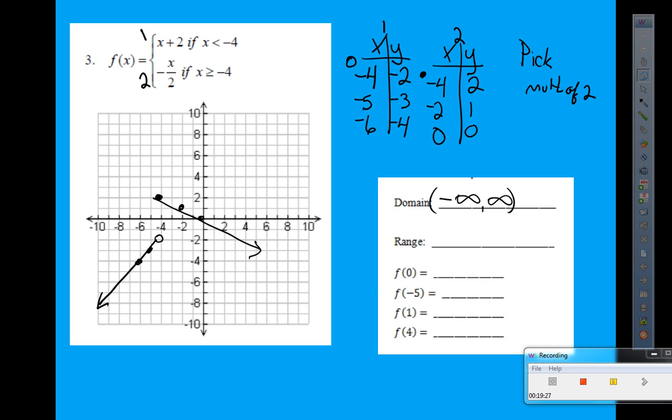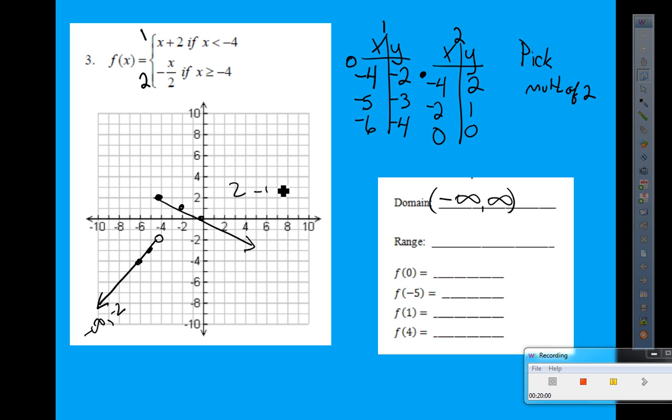Hey, now the range, I'll redraw it real fast. The range asks, what y values are you using? So picture this. This one's a tricky one. This one uses all the numbers from negative infinity all the way up to negative 2. Look what this one does. It uses all the numbers from 2 below.